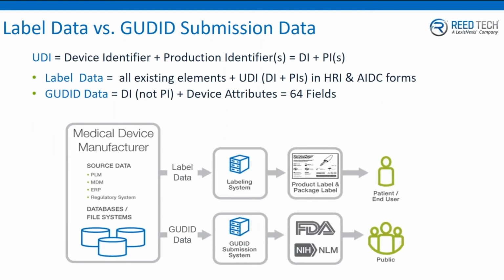And I do want to make a point, and this is universal in our discussion. There is a data flow that supports the label information, and that's well established, in place, so you're already labeling medical devices. UDI does need to be added to that particular label, and it does need to be somehow shoehorned into that particular label, and that is a problem at some point in time.